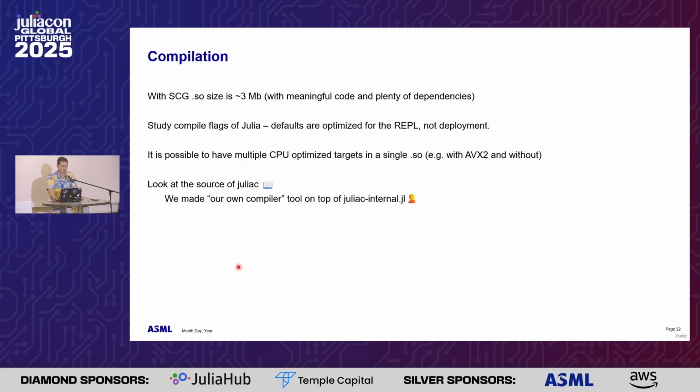Compilation-wise, we see that the binaries are really small. This is really nice. You still need to study the compilation flags of Julia, because if you compile on one platform and deploy to another platform, it will most likely not work. So please study the CPU optimization flags. But you can actually work around this.